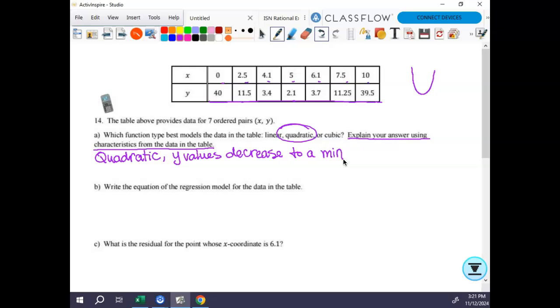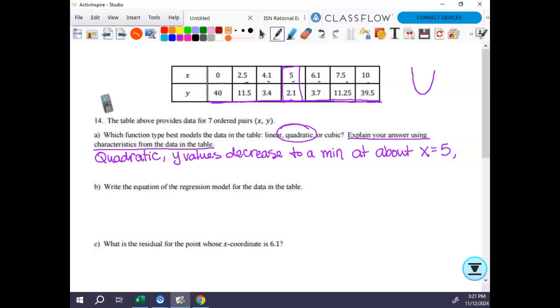So according to the data we have, this is what we think is the best. So our y values decrease, and then at 2.1 they start to increase again. That does not necessarily mean that this is my minimum. It should be close to that, but we're not guaranteed that. There's nothing in here that says that for sure. So we would say to a minimum at about, because it should be close, x equals 5.